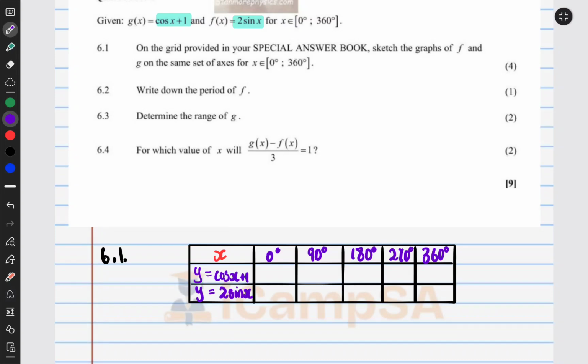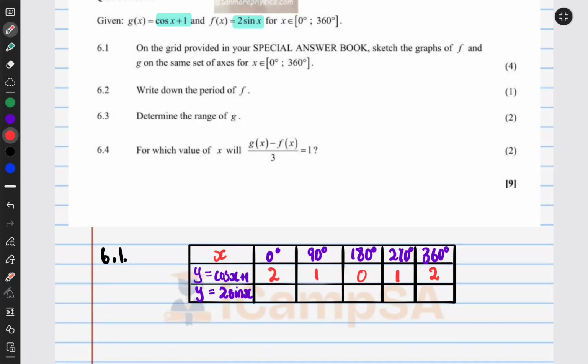So cos of 0 plus 1 gives us 2. Cos of 90 plus 1 gives us 1. Cos of 180 plus 1 gives us 0. Cos of 270 plus 1 gives us 1. And then cos of 360 plus 1 gives us 2.